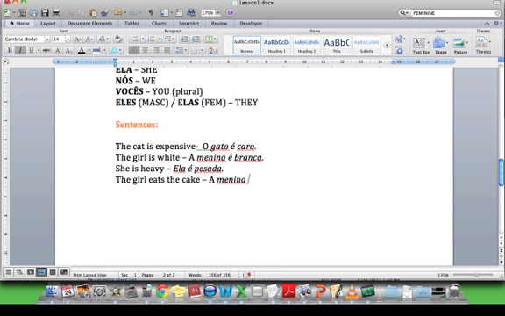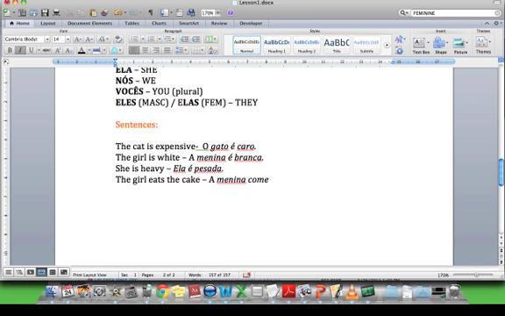Now, the verb for to eat is comer, right? And I told you that in the present, for the third person, which is he or she, all you gotta do with the verb is remove the R to say eats, wants, right? So basically what you do is remove the R. The girl eats the cake.